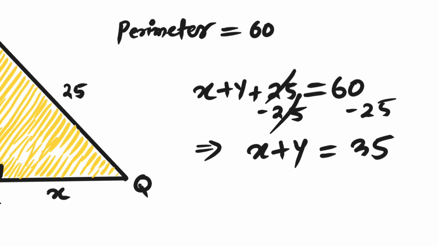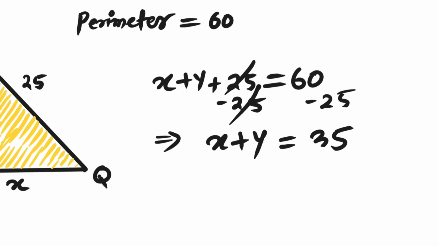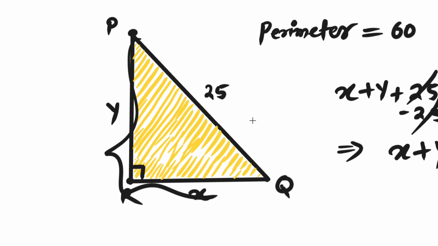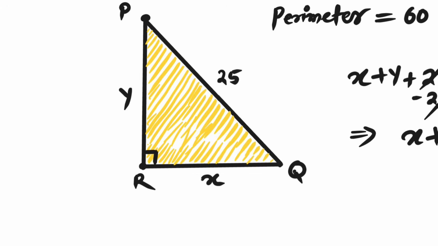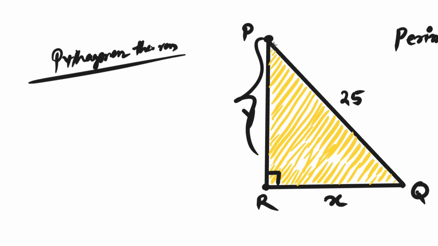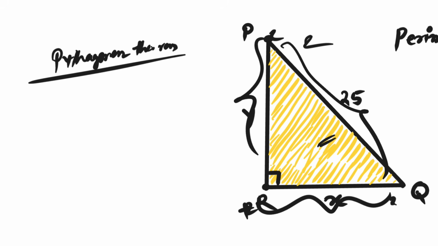Pause here for a moment because this is our first important piece of information. We now know the sum of the two legs, even though we don't know their individual values. Now let's use the fact that this is a right triangle. Whenever we have a right triangle, the Pythagorean theorem tells us that the square of one leg plus the square of the other leg equals the square of the hypotenuse.